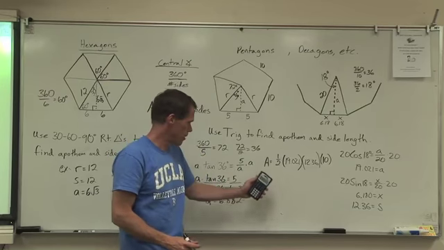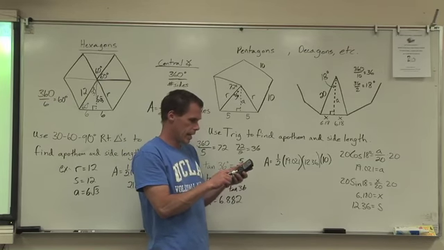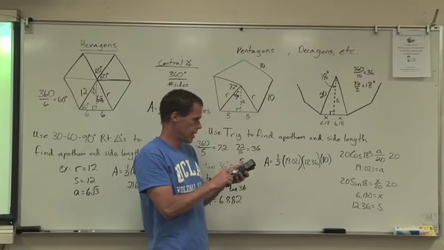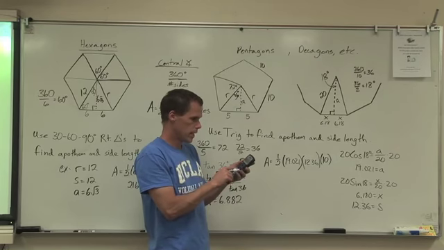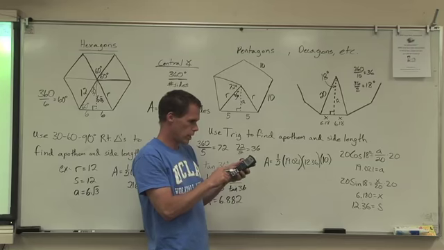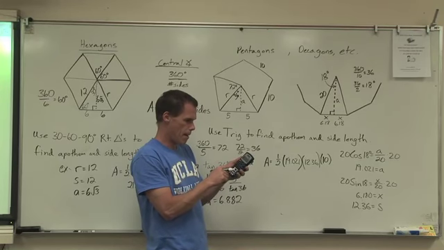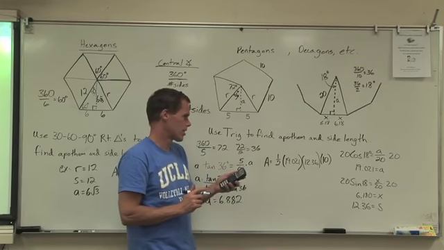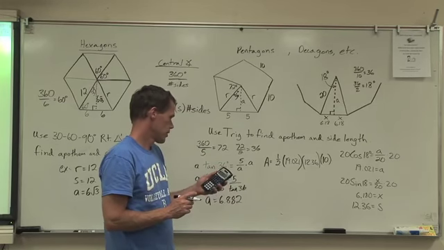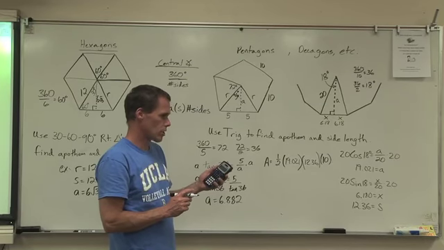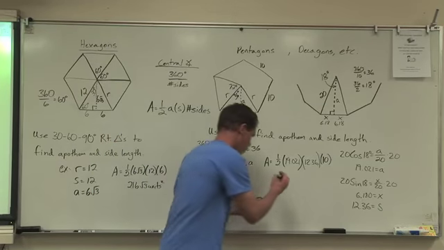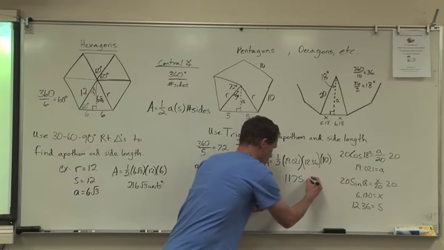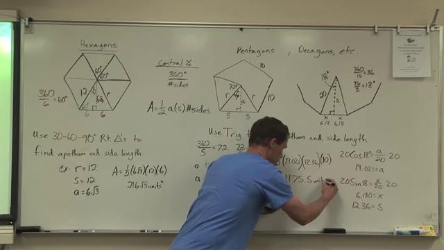I now have all the information I need to plug it into the calculator. I can take 19.021 times 12.36, multiply that by 10, and then finally divide this answer by 2, and I've got an answer here of 1,175.5. 1,175.5 units squared.